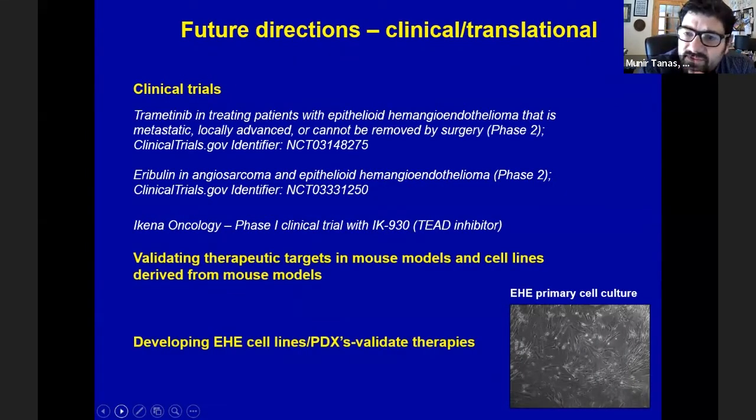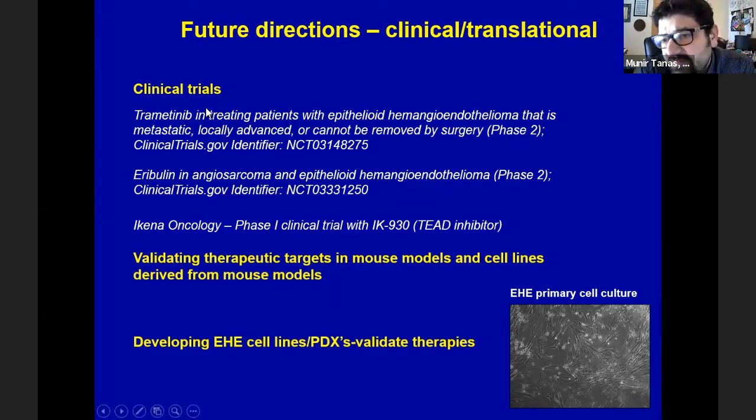And what's great with all of these models is that it's giving us these platforms to dissect in greater detail how these different therapeutic approaches that we're starting to see in patients with these clinical trials that we heard from yesterday work. I think this is going to be a powerful approach.